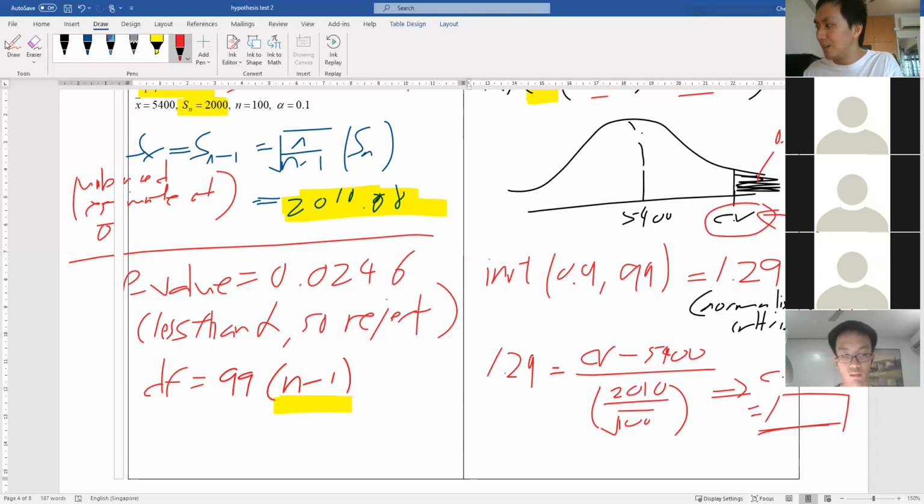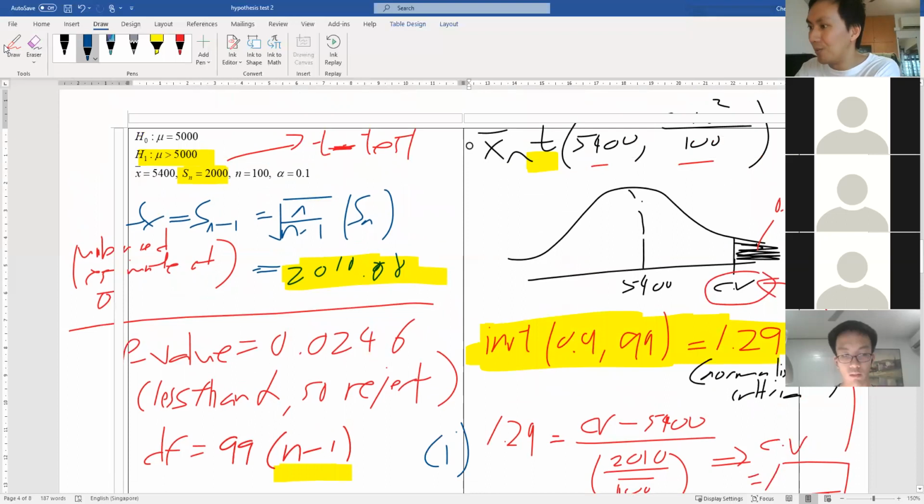Okay, so once you must always establish the 1.29, of course. This is for sure that you must do. Here, what I did was I unnormalized my 1.29 to see where 1.29 will fit in the contextual curve, which is the curve centered at 5,000. Sorry, I made a mistake here.